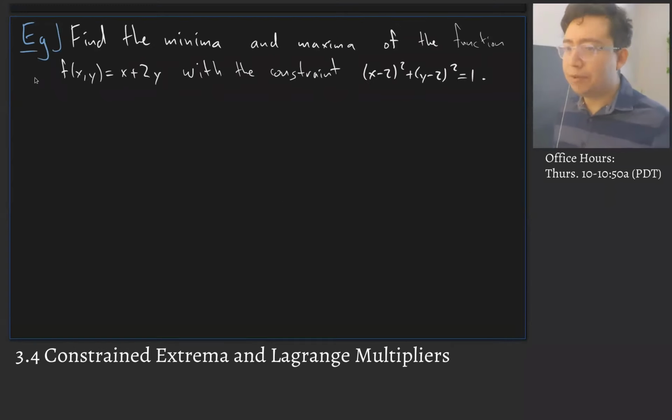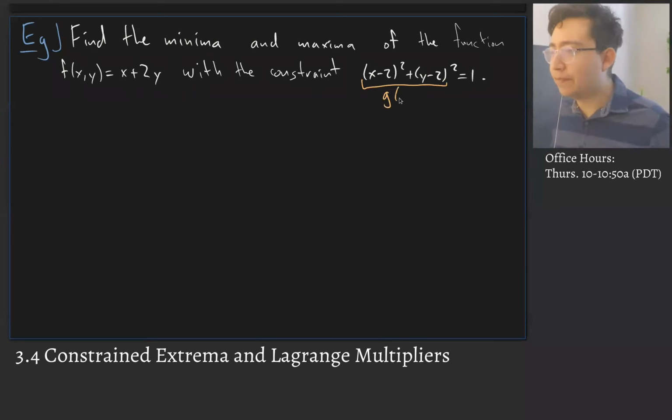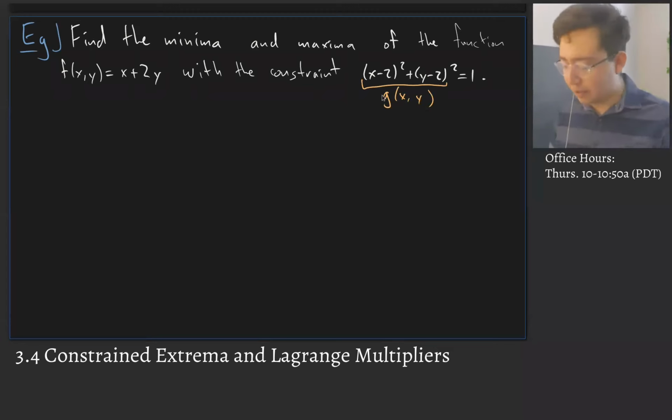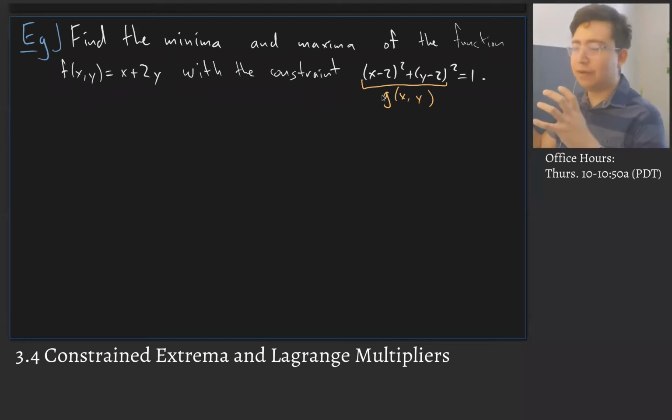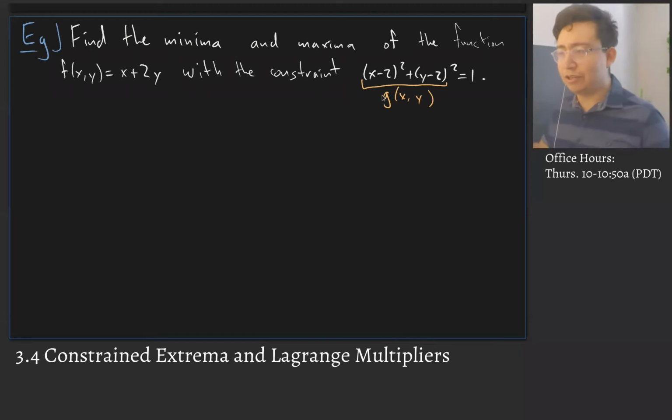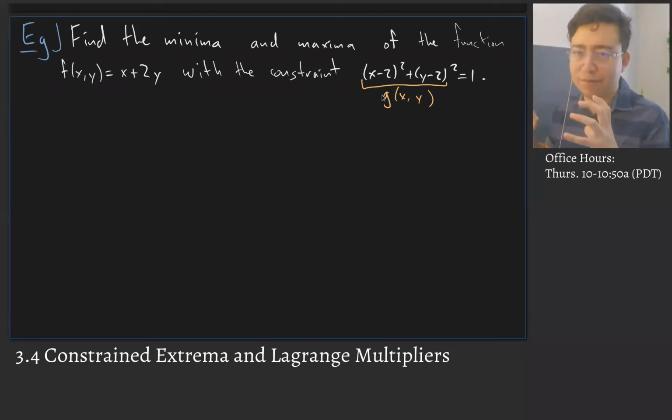Here we're given f of x. Since we have this constraint, this equation you can think of as the level set for this function g of x, y. You're going to move all of your variables to the same side, and if there are constants left over, it doesn't really matter.